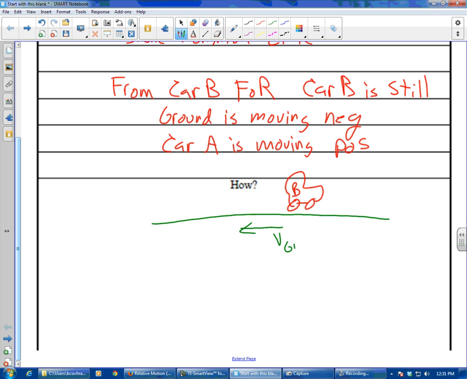Velocity of the ground with respect to car B. And then we'll have car A, a nice fast car, and car A would be moving this way. The velocity of A with respect to B. Does that make sense? From car B's frame of reference, they're not moving. The ground's going that way, and car A is coming at them. Yes? Okay. So, velocity of the ground with respect to car B.